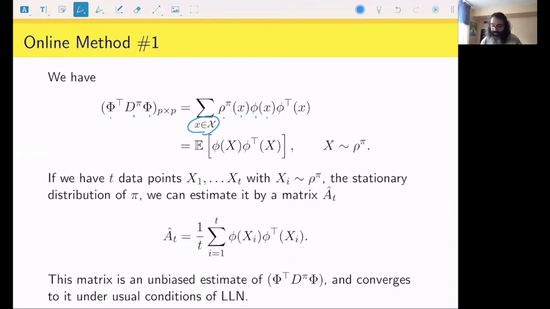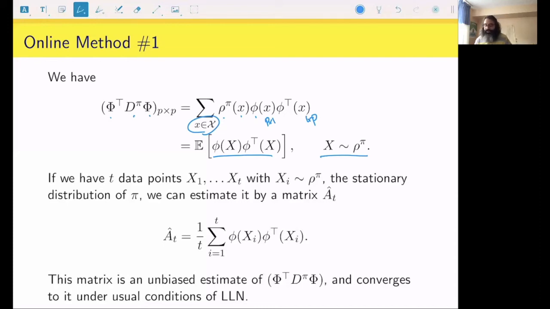This is p by 1, this is 1 by p, so the whole thing is a p by p matrix. In another form, we can write it as an expectation, which may make it even clearer: the expectation of phi(x) phi transpose(x) when x is coming from the stationary distribution.